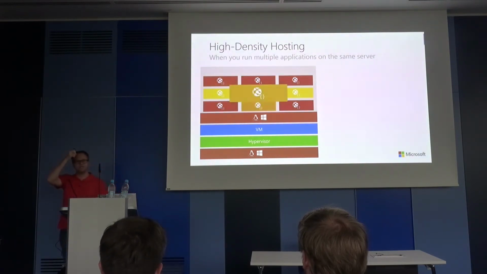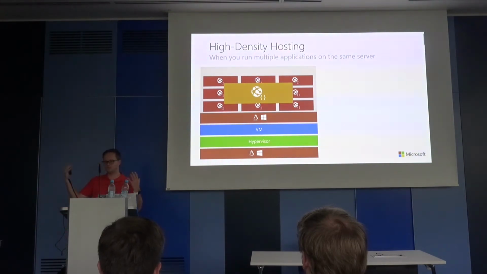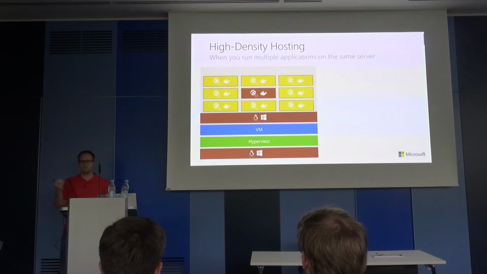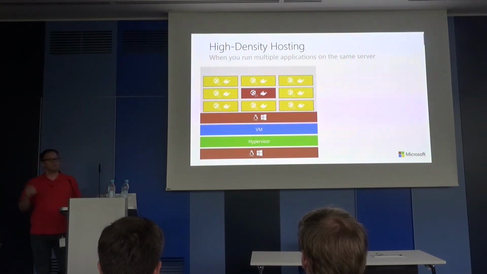The problem here is that if one application goes rogue and takes up a lot of memory, a lot of CPU time, then it affects all your other applications on the server. So if we contain the application in a container, and an application goes rogue, then it will be contained in the container. How many times can you say contain? But it won't affect your other applications, right? So that's a good thing.